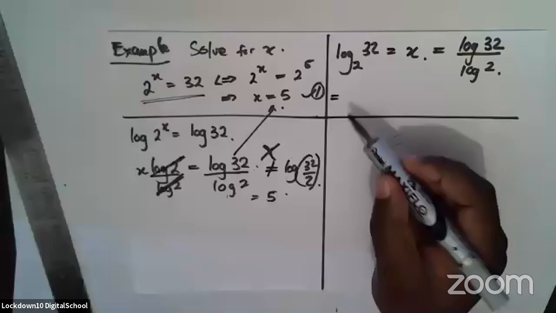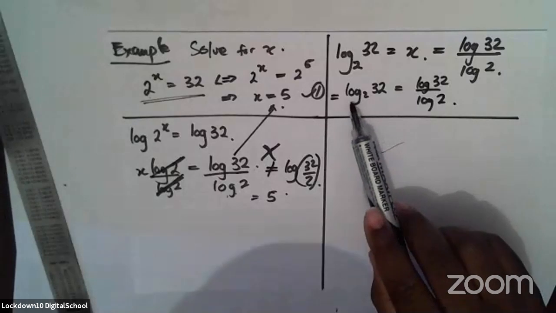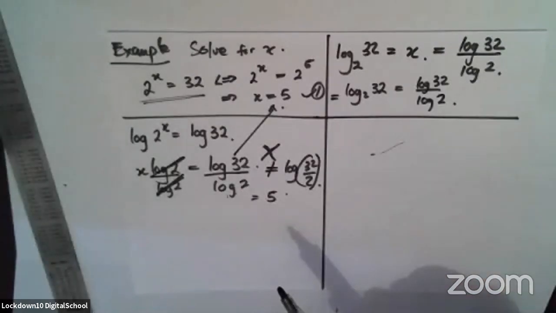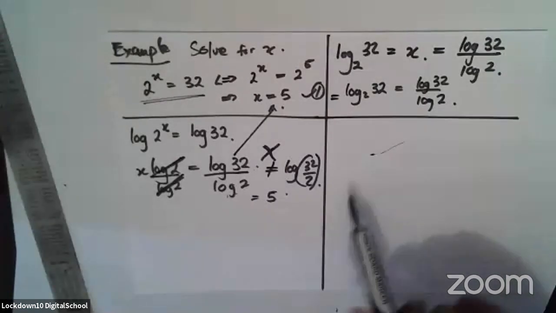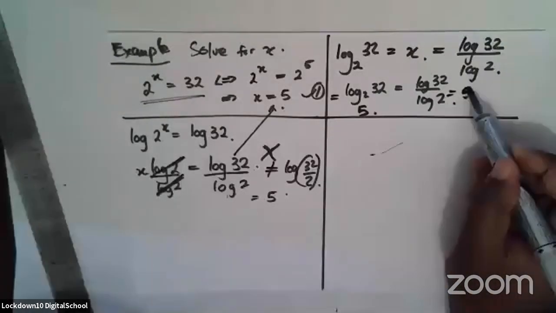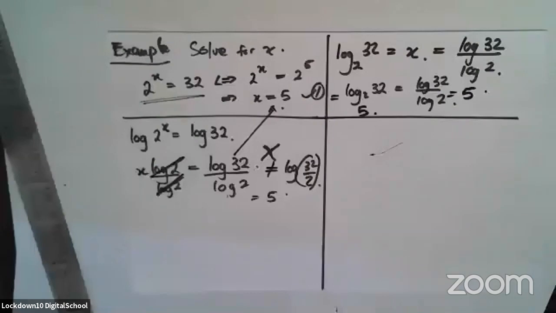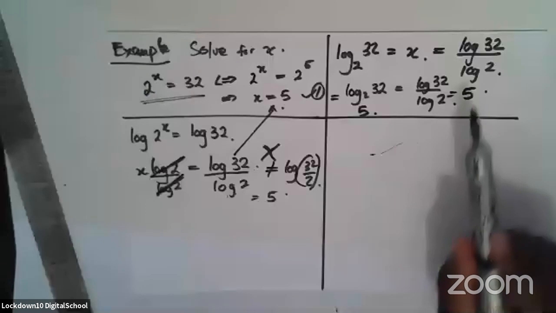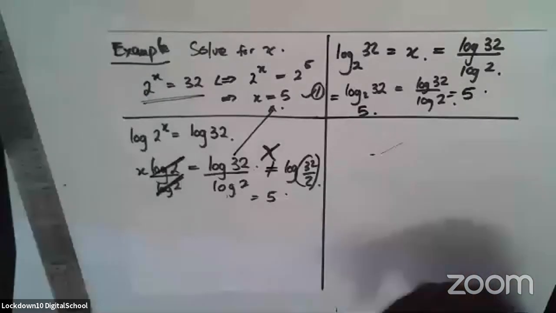You can check, go on your calculator, punch in log 32 to base 2 quickly. You will get 5. And punch log 32 over log 2, we have already seen that it is 5. So log 32 to base 2, don't forget, we get 5. So we are going to write it in general form.